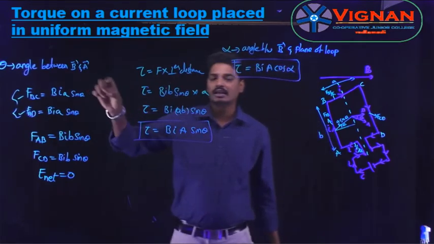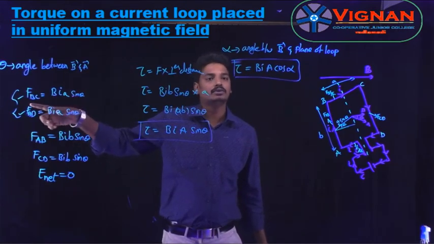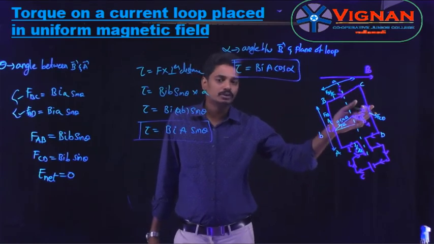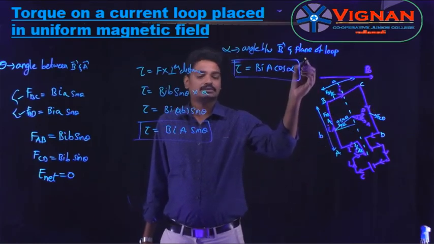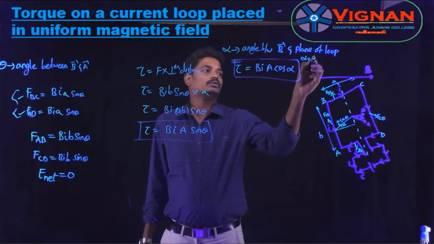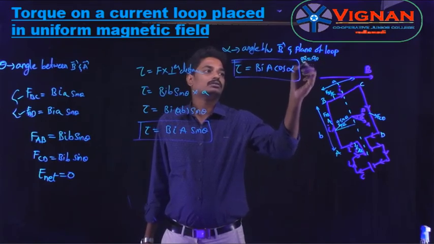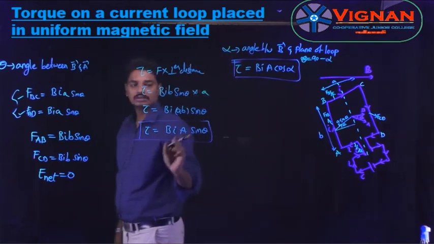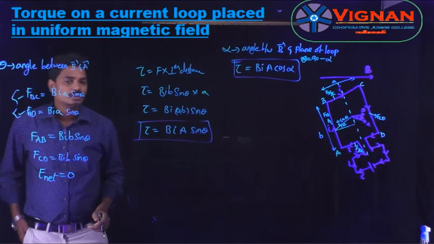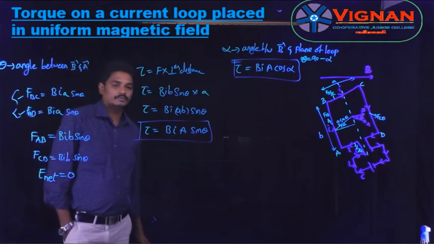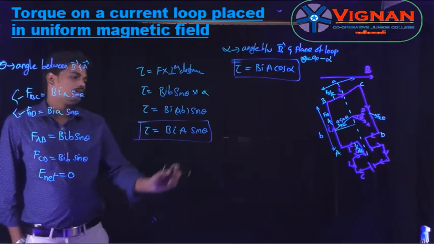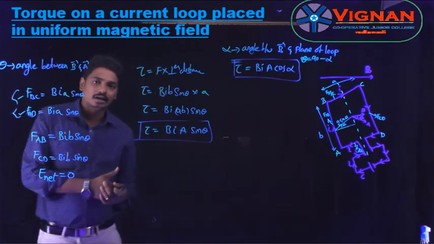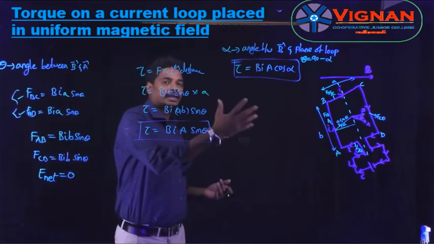A bar is the area vector, which is perpendicular to the plane of the loop. Here alpha is the angle between B bar and the plane of the loop, so theta is equal to 90 minus alpha. By substituting in this equation, torque tau can be written as BIA cos alpha. Here theta is the angle between the uniform magnetic field and the normal to the plane of the rectangular coil.